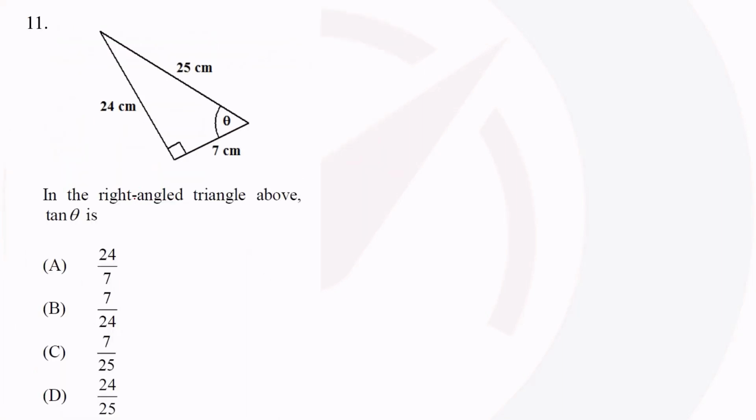Alright, question 11. In the right angled triangle above, tan theta is, alright, so we know tan is the opposite over the adjacent side. So here is our opposite side, and here is our adjacent side. And we say tan of the angle is opposite over the adjacent.